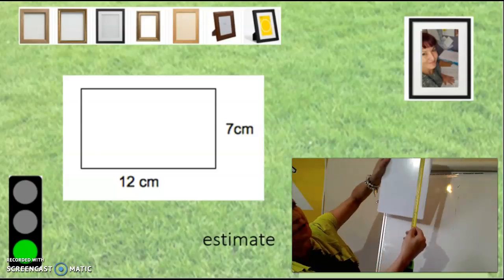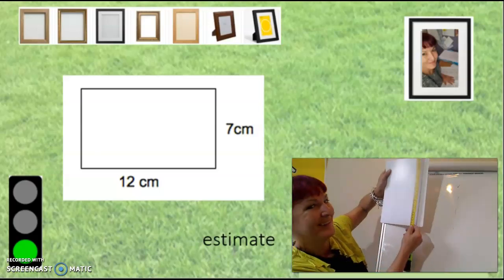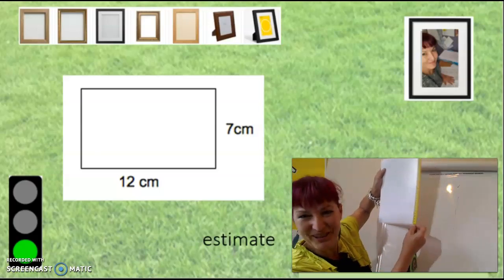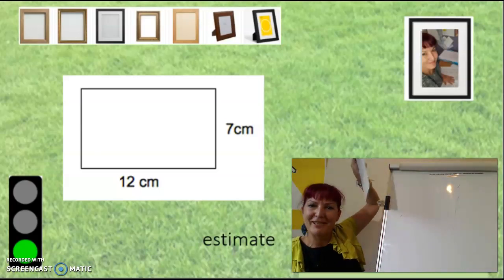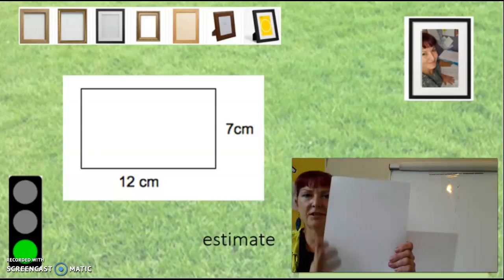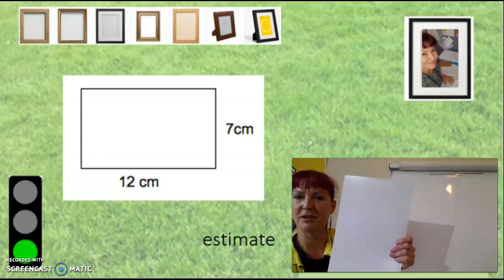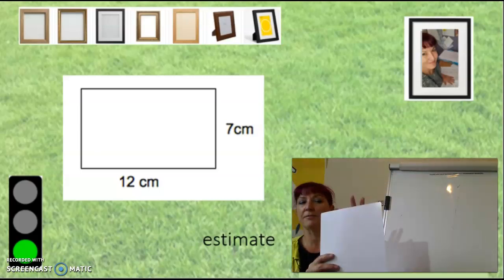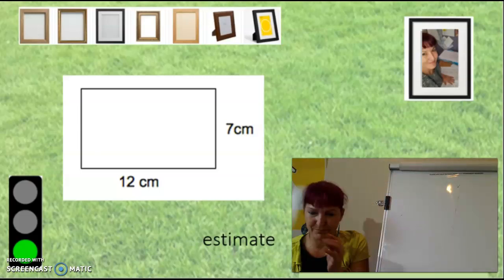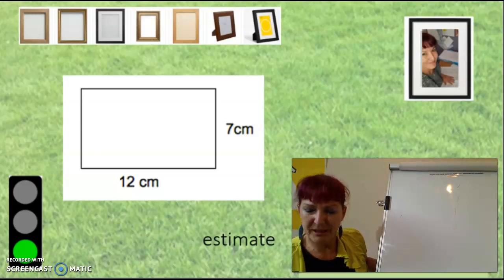What do you think this side is going to be? I can hear you, 30 as well, because it is a regular shape. If this side is 30, this side will be 30. If this side is 15, that side's going to be 15. So it expects you to know it.